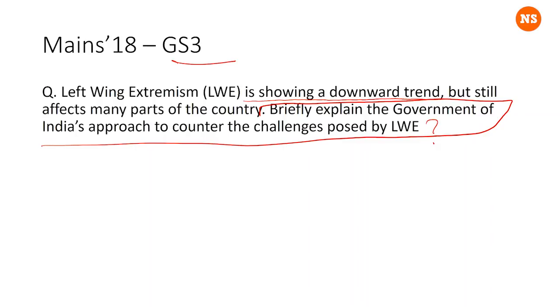While a lot of us would not have the real data, like left-wing extremism has decreased by this many percent, or earlier it led to so many deaths and now the deaths have reduced to this level, we would not know that, right? But what we should know is that when we read the topic, we should read the important news or current affairs related to it.